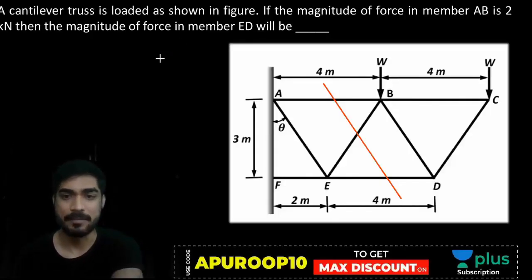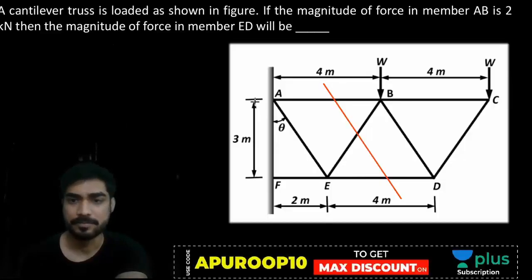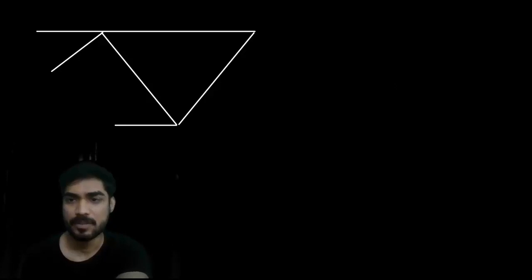Let me draw the right side part. So it is like this. This is joint BCD.